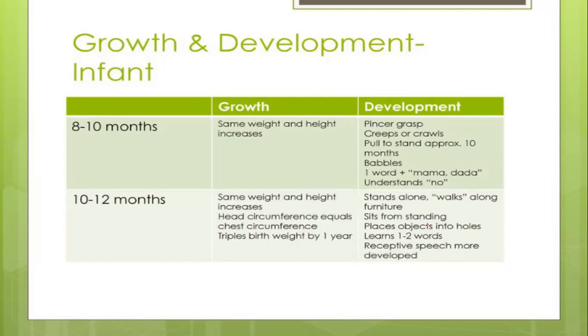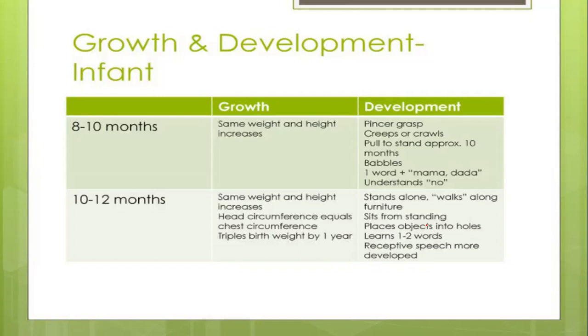When this baby is born and has a certain weight, by the end of the first year, triples the weight at birth. And when we're talking about development, stands alone and walks along furniture. That means that it has to find some support when walking. Okay, and sits from standing.